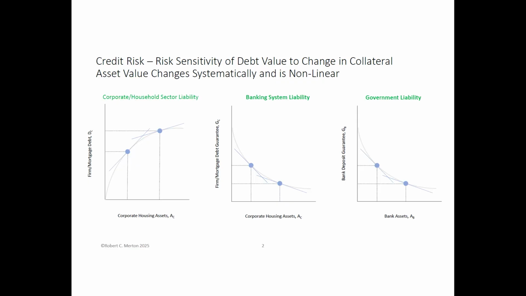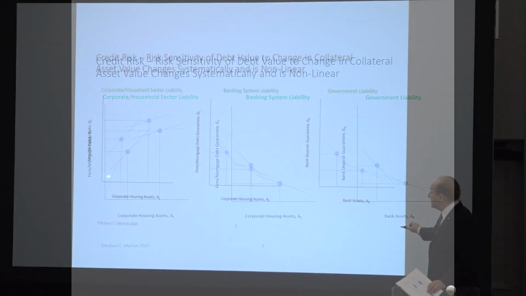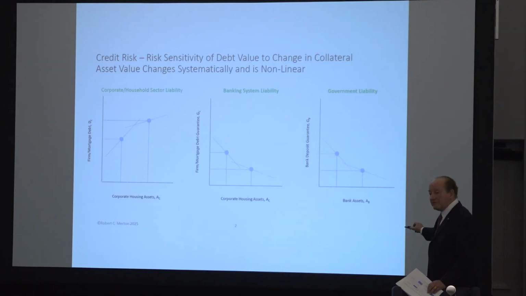So if the borrower has certain kinds of assets, those are the assets that are the collateral. Okay, so here we go. Now, what I want to show you in this picture is, first, this is what the price of the bond would be depending on the value of the collateral assets, okay? All the collateral that's behind it, including any promises, anything else, but it's the value of the collateral. And the curve of that looks like this.